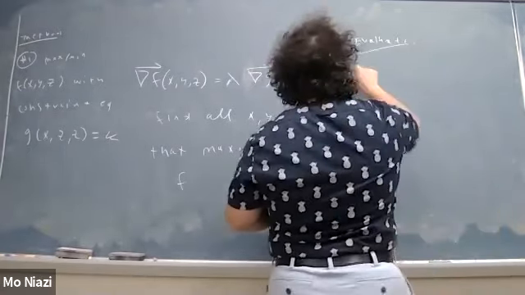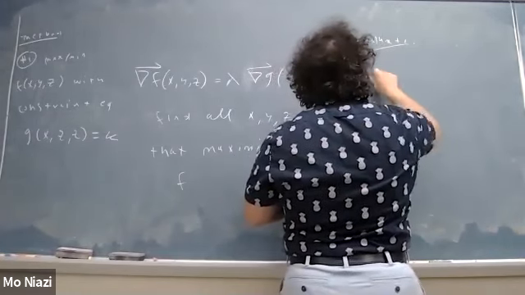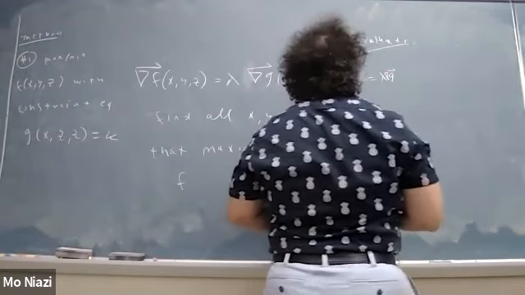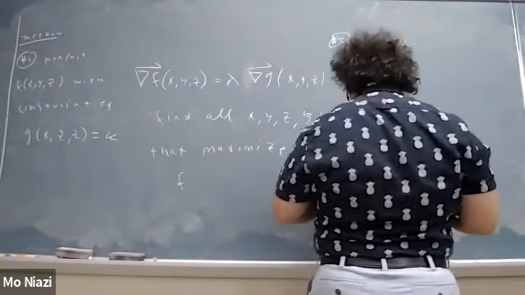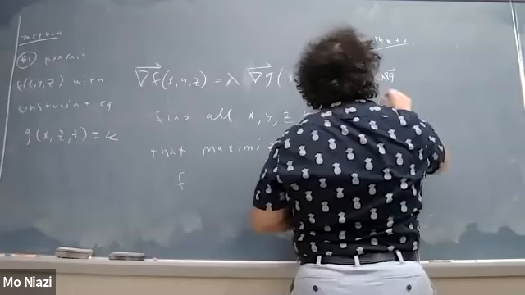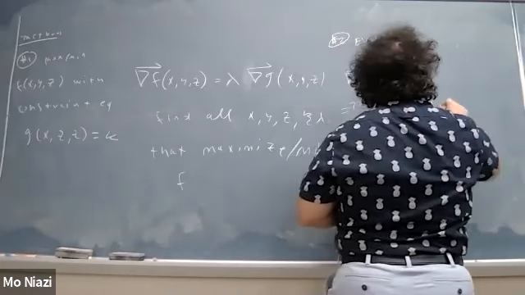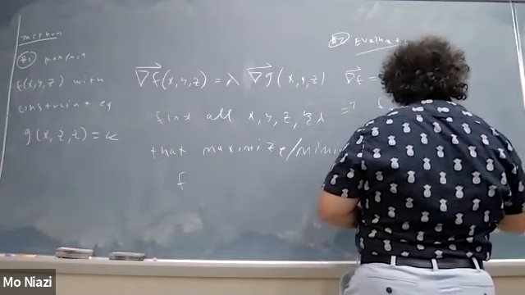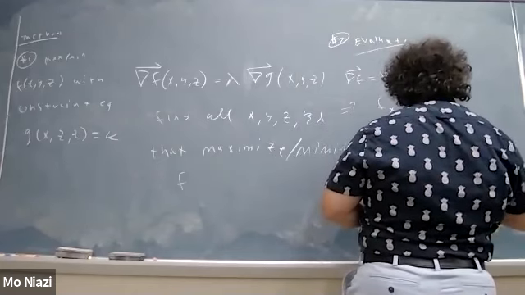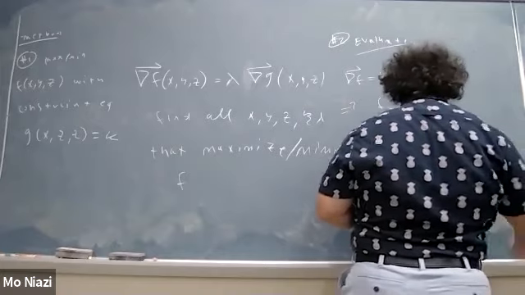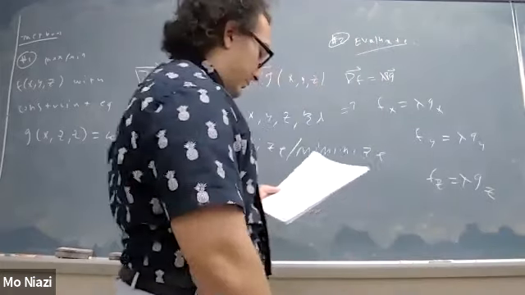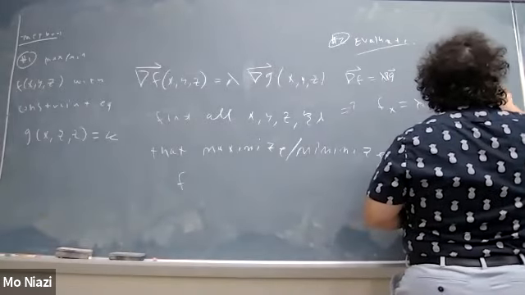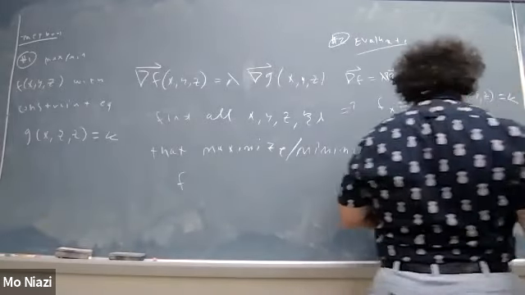To do that, we say gradient f is equal to lambda gradient g. This implies we want to find f sub x is equal to lambda g sub x, f sub y is equal to lambda g sub y, and f sub z is equal to lambda g sub z. And another equation we have is our constraint, g of x, y, z is equal to k.